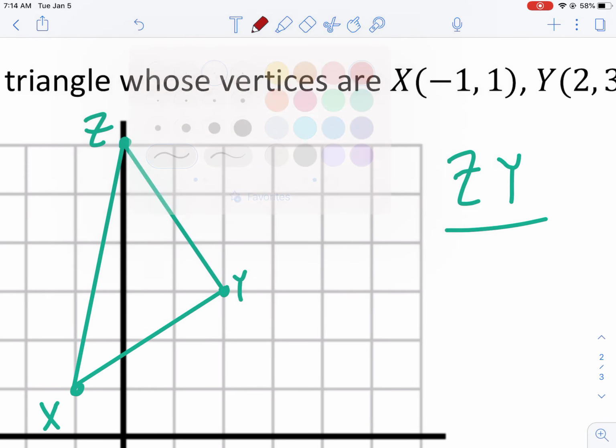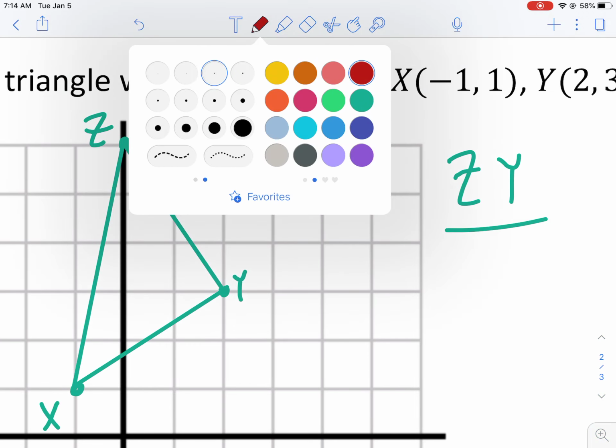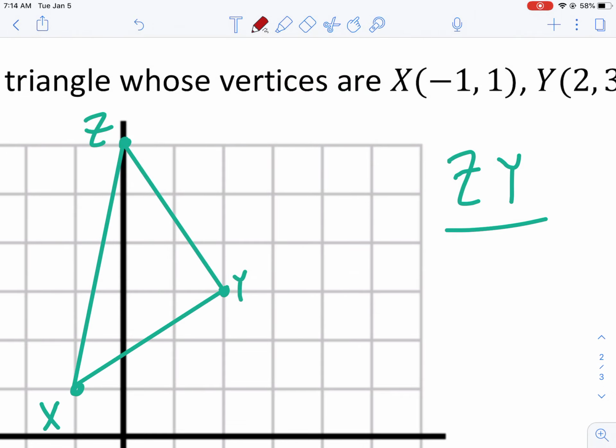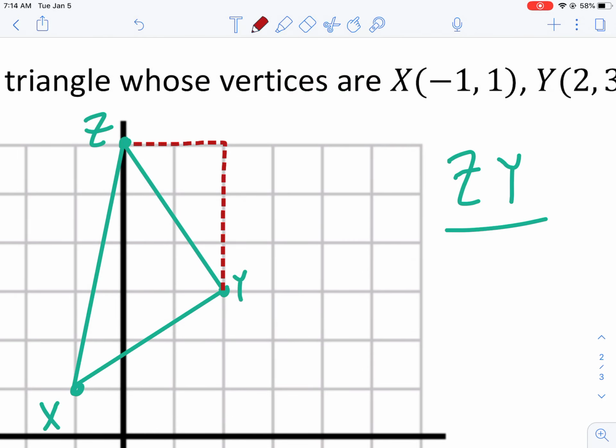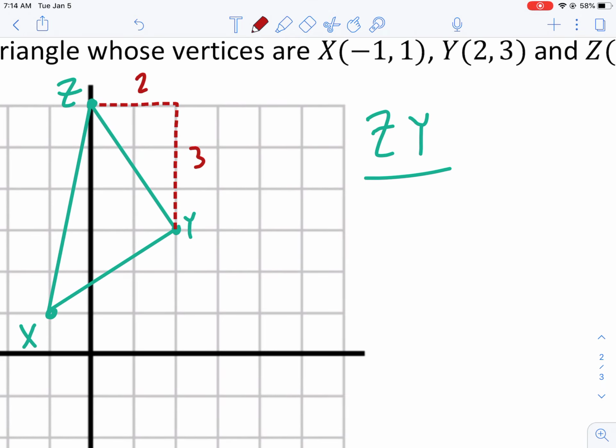let's get a different color here. You're going to be doing the Pythagorean theorem on each side. So this is up 3, and this is up 2. So if we wanted to find the distance of ZY, that'd be 2 squared plus 3 squared equals c squared.